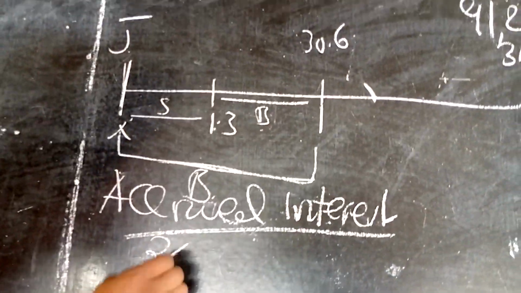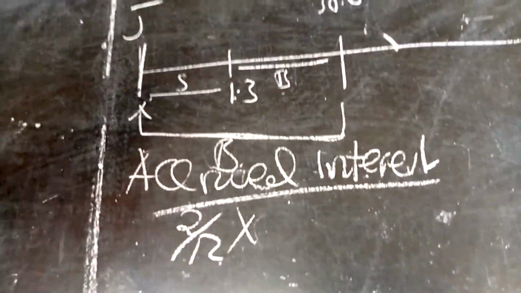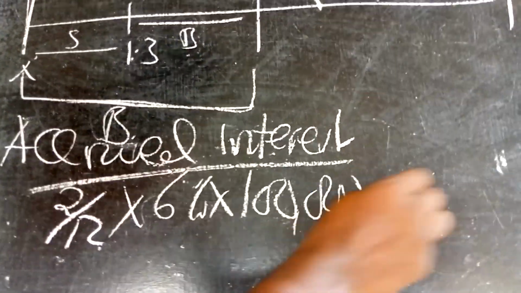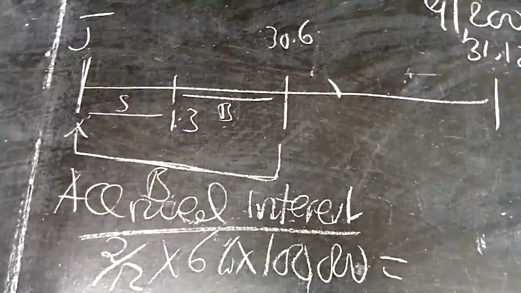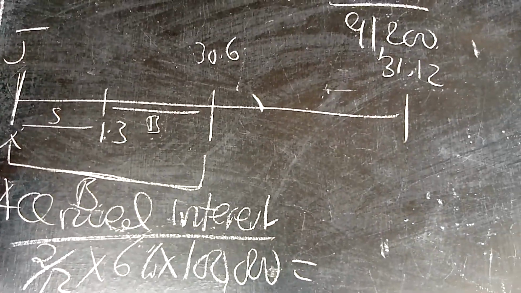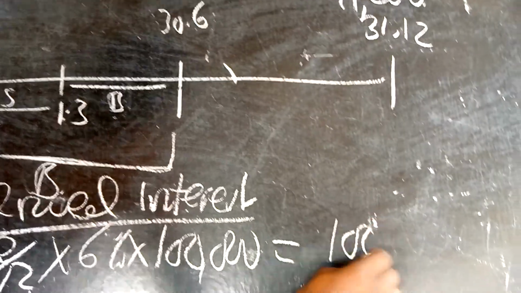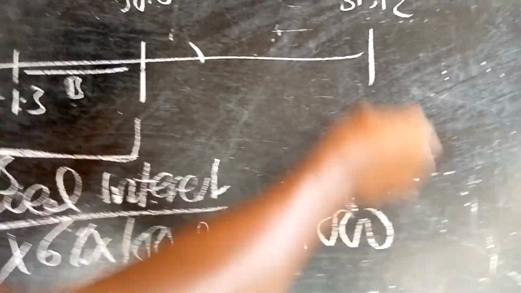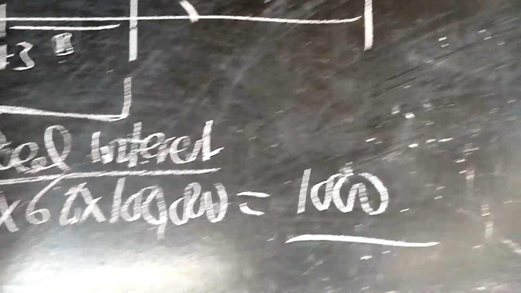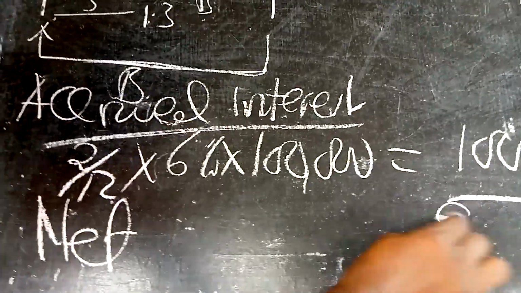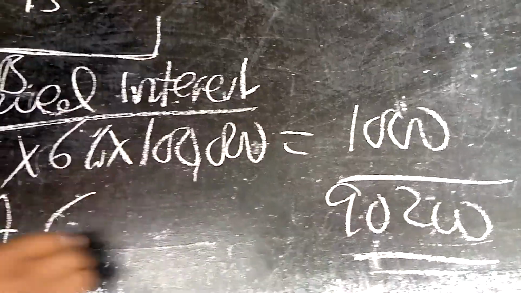So 2 months out of the total 12, times the percent of that stock, which is 6%, multiplied again by the nominal value, which is 100,000. We get the interest of the seller, which is equivalent to 1,000. We now deduct this amount to get the net cost of purchasing, which will be equal to 90,200.